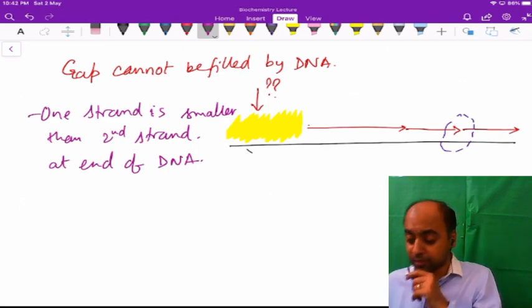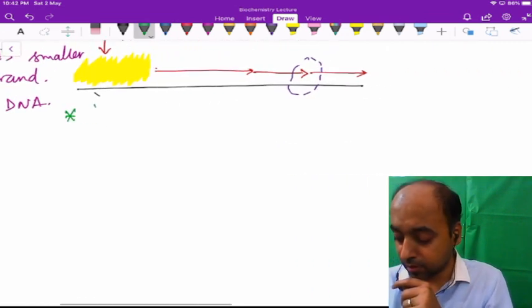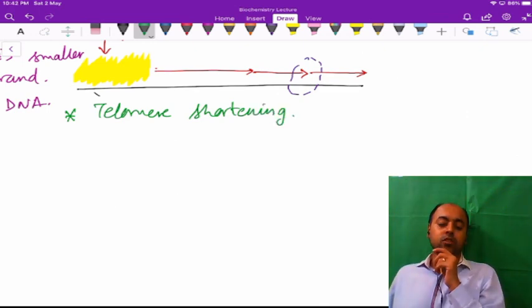This is what is known as telomere shortening.